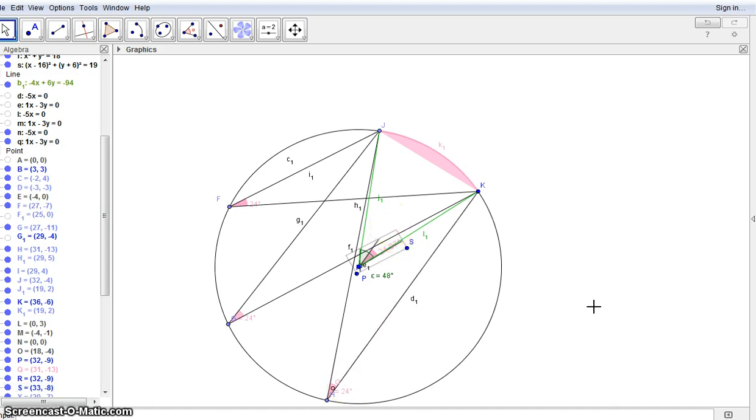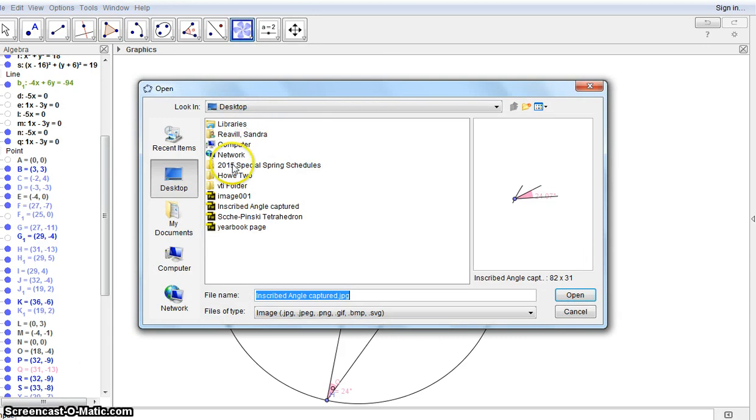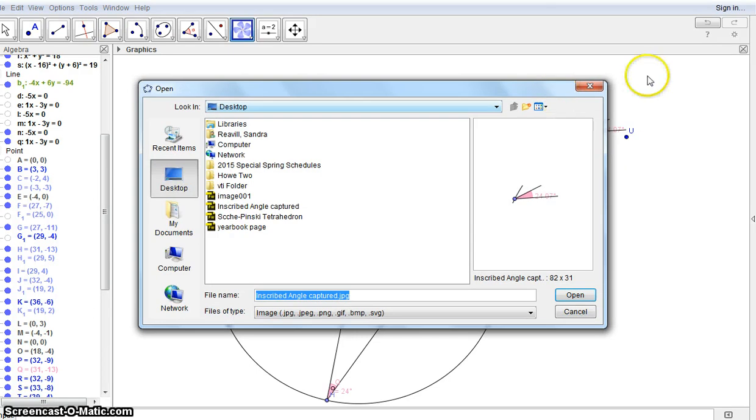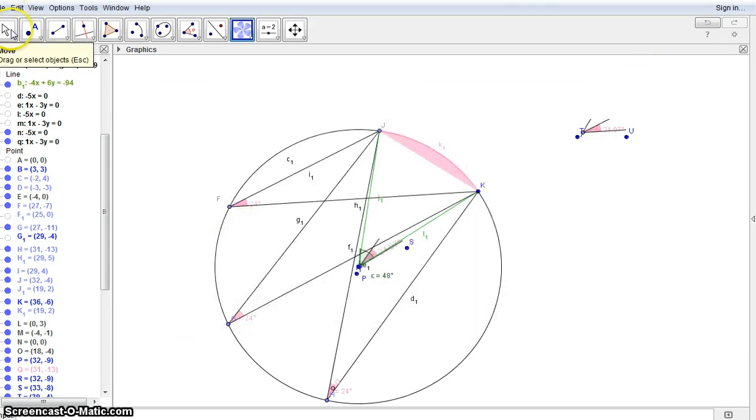So 24 is to 48, how? Let's go ahead and put this image in again. Is one twice the other? And will that always be true?